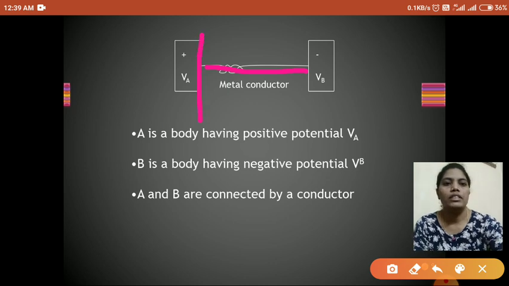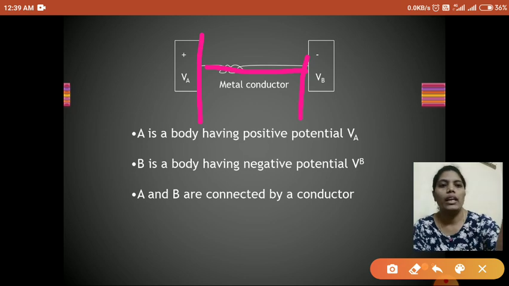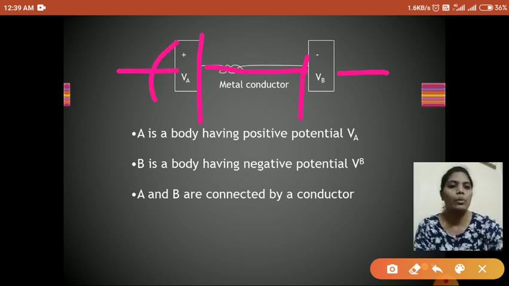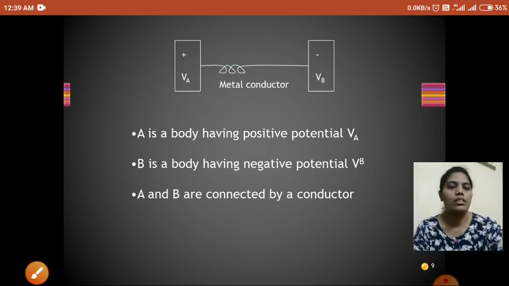What it means? These two are ends of the conductor. At one end we have positive potential and at the other end we have negative potential. So there is potential difference across the conductor.